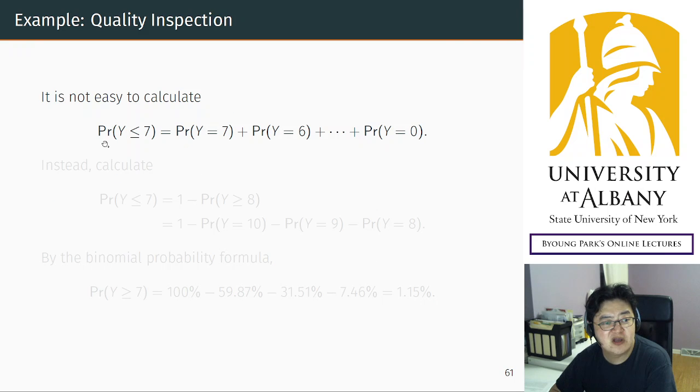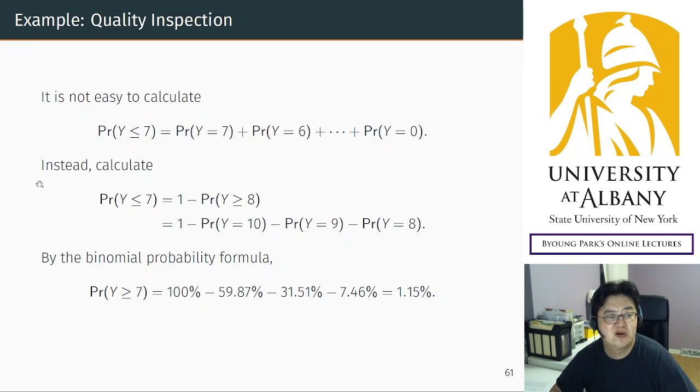And then we would like to calculate this, but as I said, inequality cannot be directly calculated according to our formula. So you have to break it down to this. Smaller than or equal to 7 implies 7 or 6 or 5 or 4 down to 0. Right? There are 8 different cases included in this inequality, which is very cumbersome.